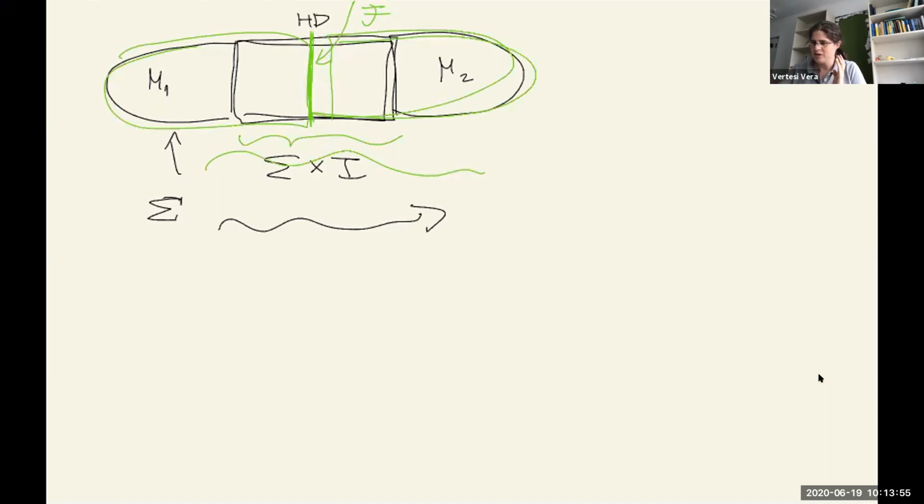Every holomorphic curve which starts here might go out there, but then it's going to stop in this part. So that's it. I see. That's cool. Thank you.